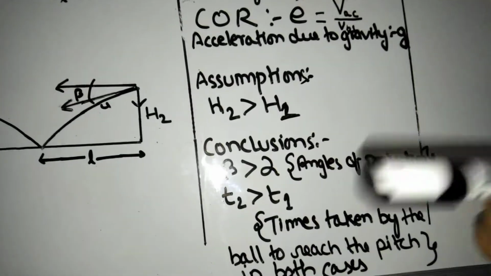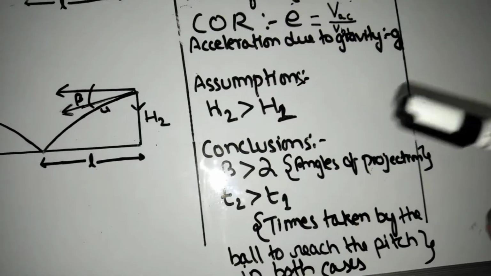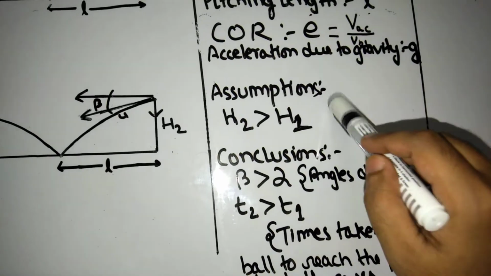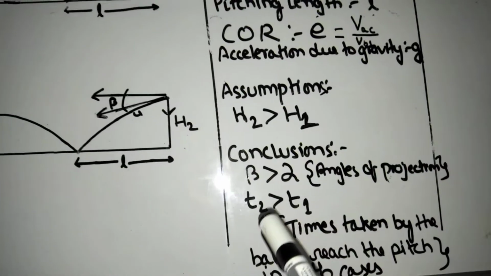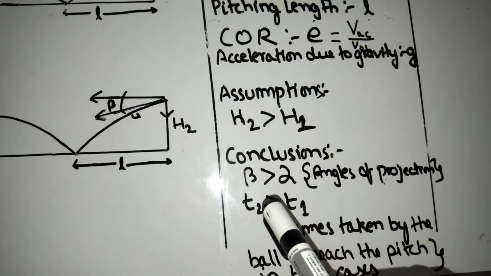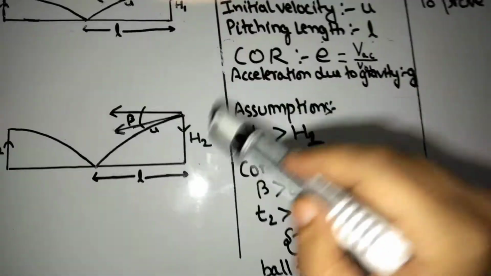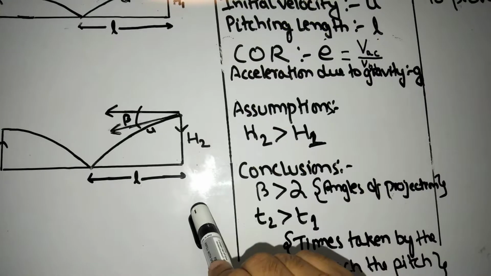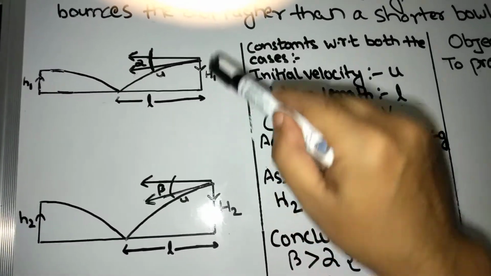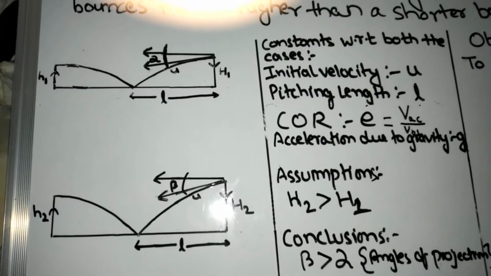Now let's see what conclusions we get from this assumption. The first conclusion is that the angle of projection in the case of the taller bowler is greater than it is in the case of the shorter bowler.